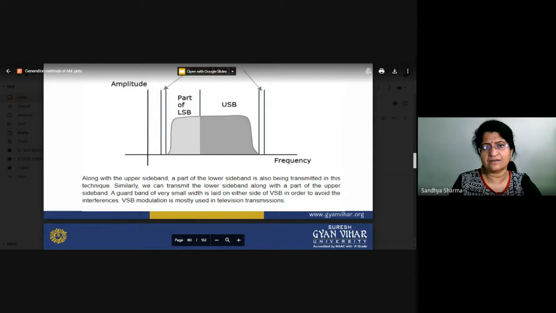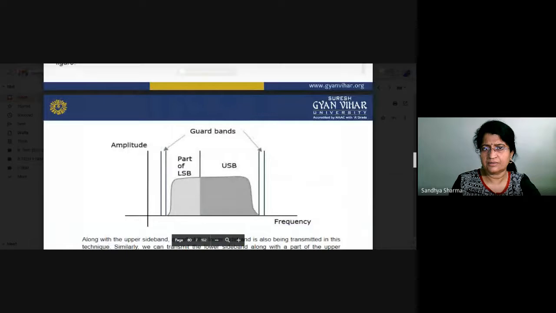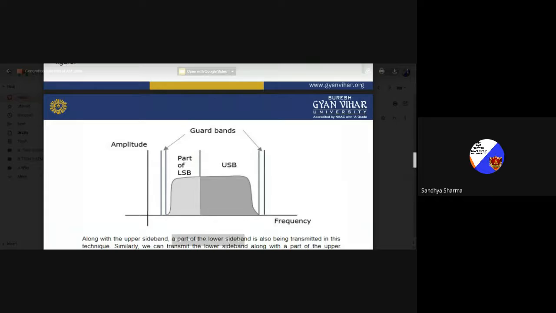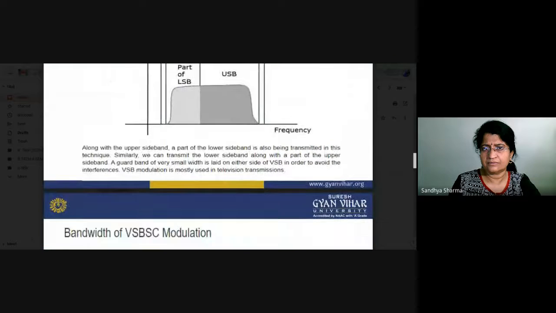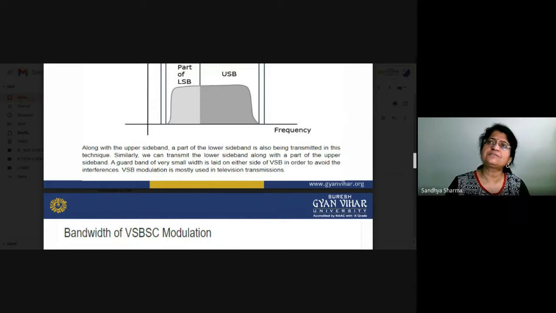After all, you can also provide a guard band for the spectrum against interference. So what is the basic role, and what type of bandwidth requirement do we have in this part? We will discuss that here. If you are talking about a VSB modulation system, it is generally used in TV transmissions.